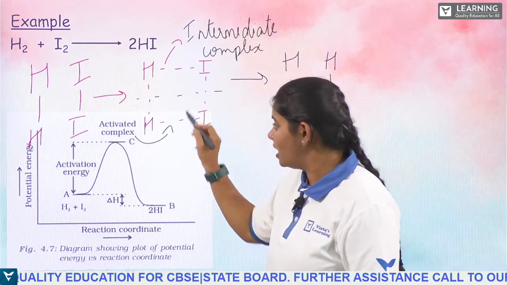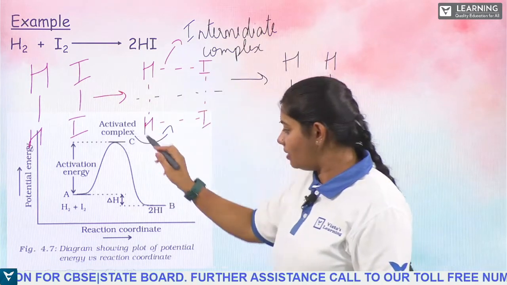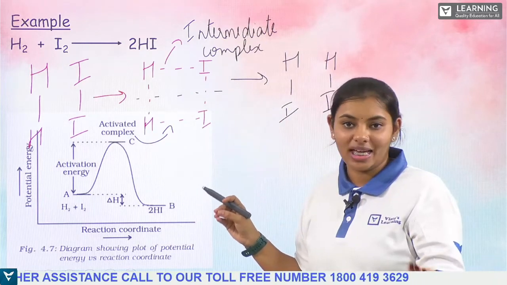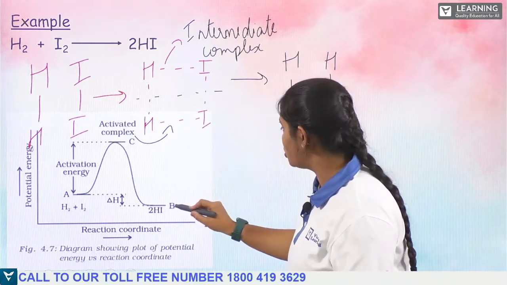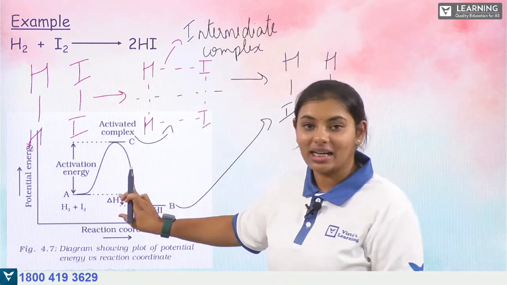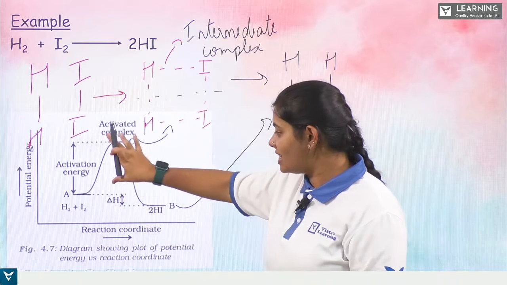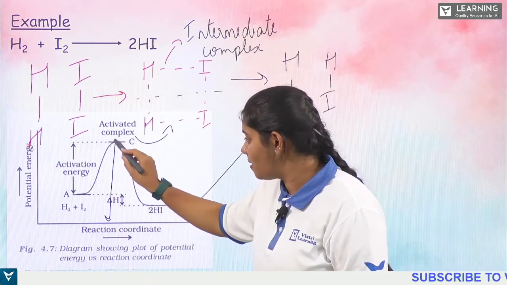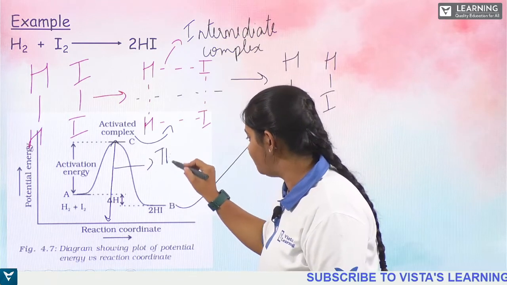That is this complex. And after that, once the activated complex is formed, we can see the product formation, which is going to be 2HI. Clear? Here, this part is delta H, as I told you. And this entire region is activation energy, but this entire region is threshold energy.